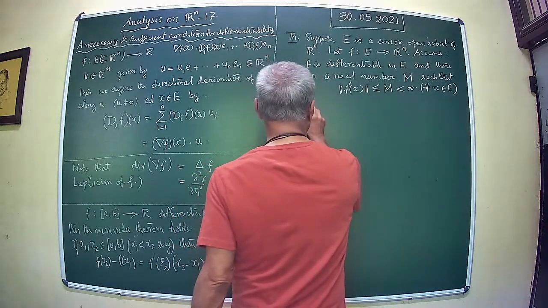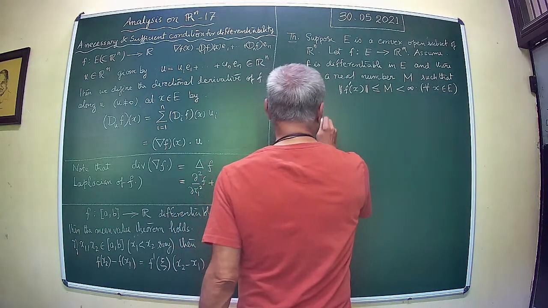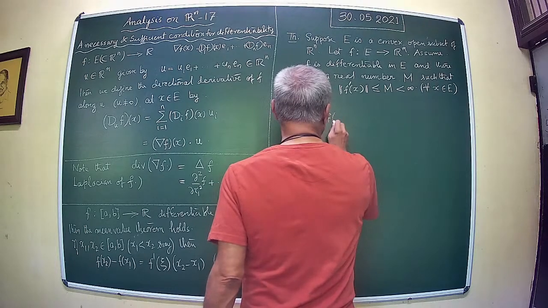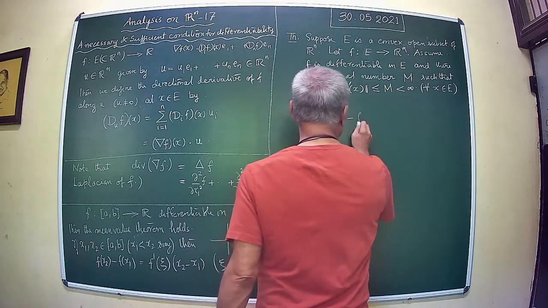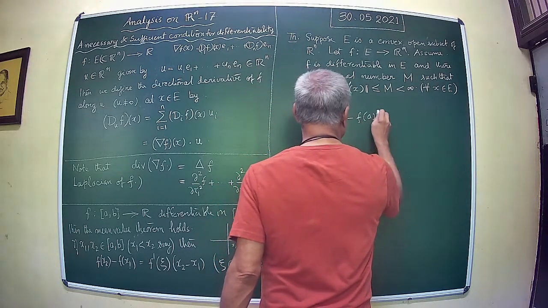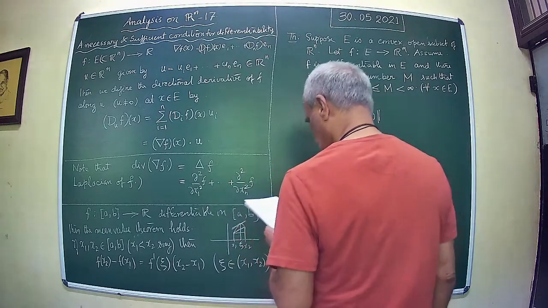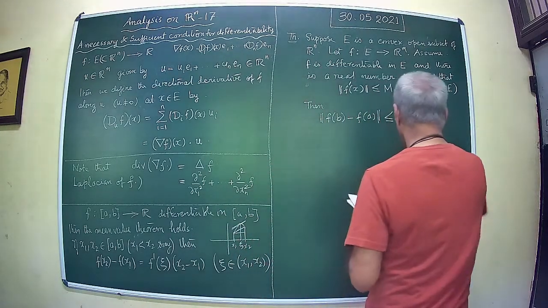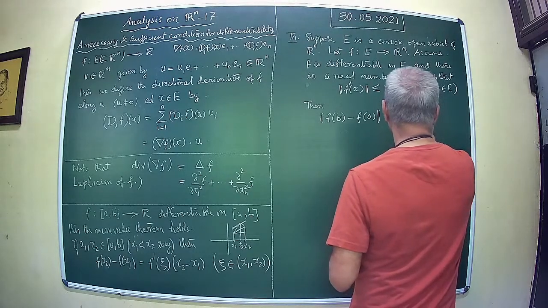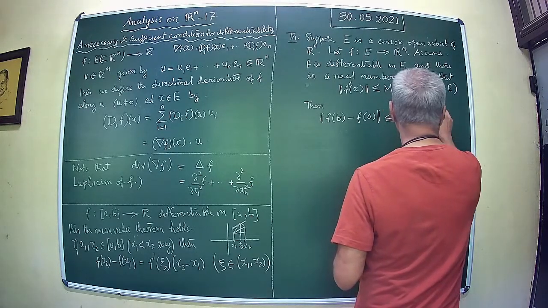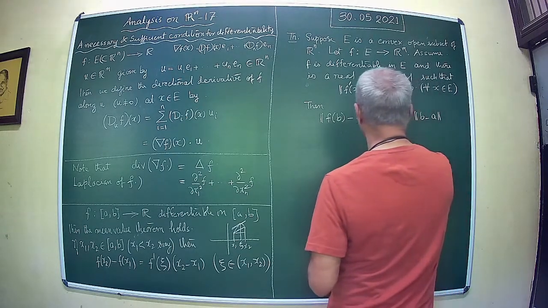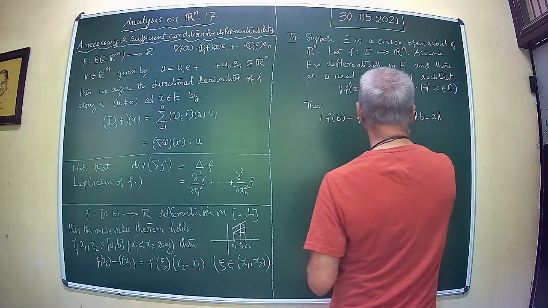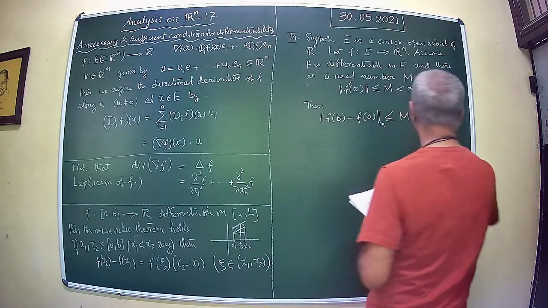Then what we have is that the norm of f(b) minus f(a) is less than or equal to M times the norm of b minus a. Now this is the m norm, this is the n norm.